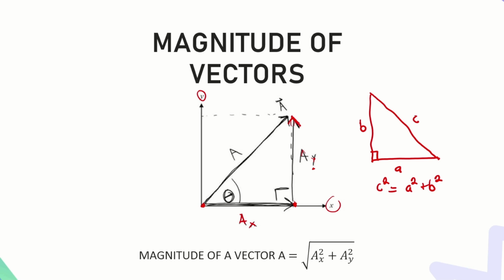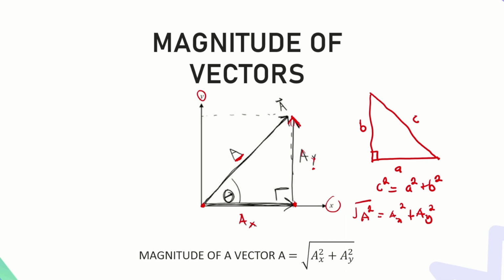If you want to find the length A represented here, then in terms of the Pythagoras theorem, A squared should be equal to A subscript x squared plus A subscript y squared.